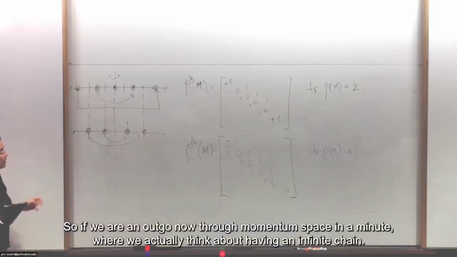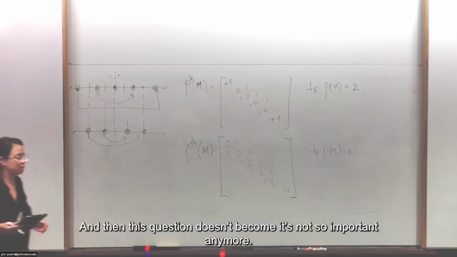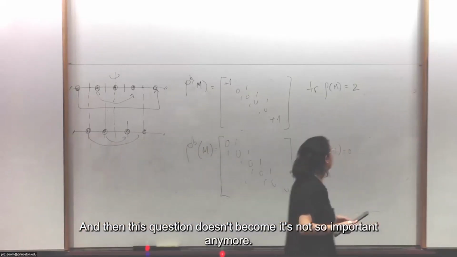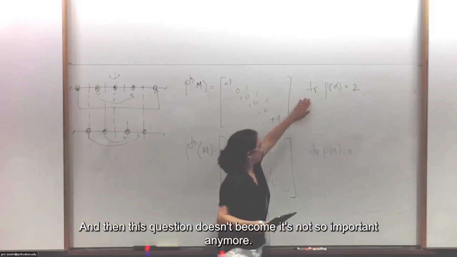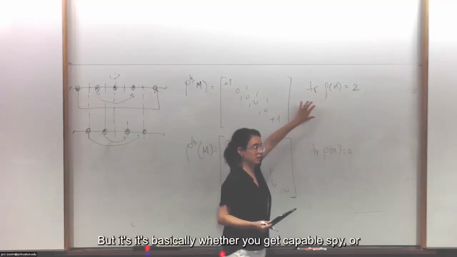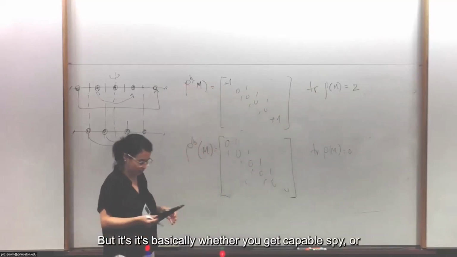It's basically whether you get k equals pi or don't get k equals pi. So this two, that's the difference. But that comes always with the fact that you have a finite chain. But the difference is real: this guy is different than this guy. This is basis independent, which means that this operator could never be transformed into this operator.